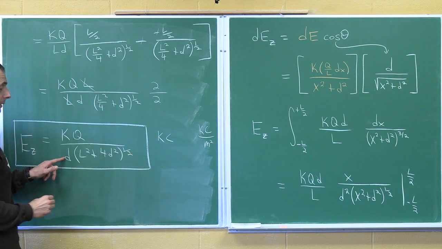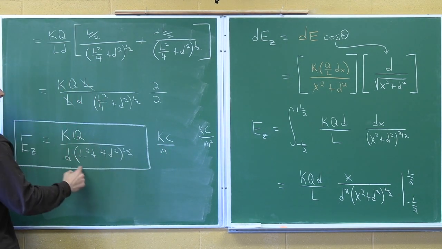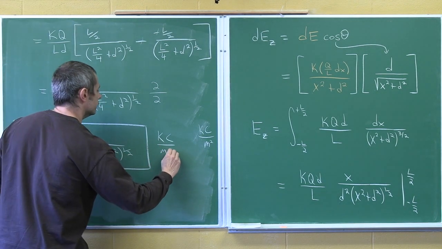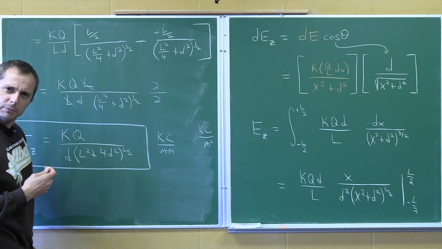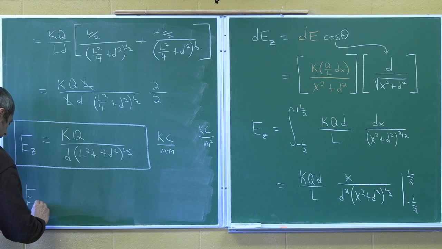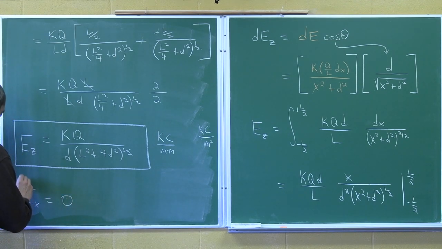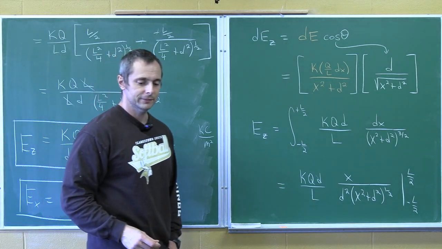Good, okay? We've got a meter over here, and then meters squared to the 1/2 power is meters. And so we have K coulombs over meters squared. So again, the formula appears to be correct. And then we could also write that the x component of the electric field is 0. We know that just from our thinking all the way at the start of the problem.